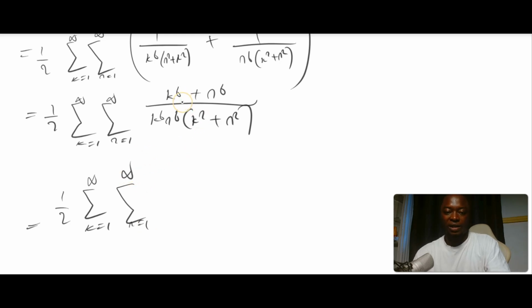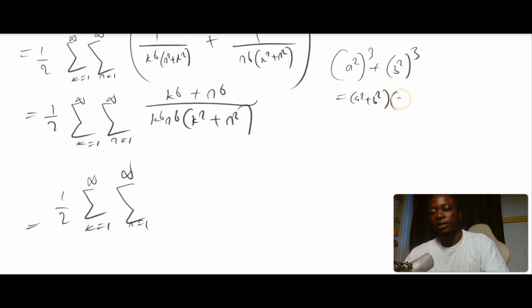On this part here, you can notice that a squared to the 3rd power plus b squared to the 3rd power is a squared plus b squared, times a to the 4th minus a squared b squared plus b to the 4th.